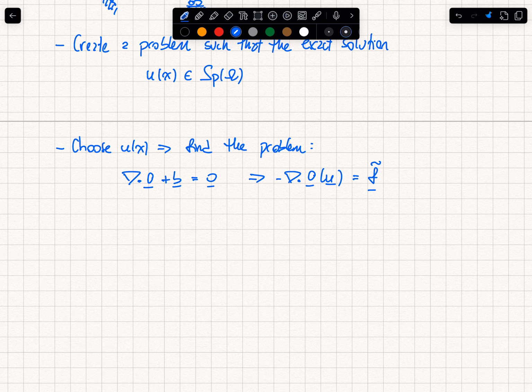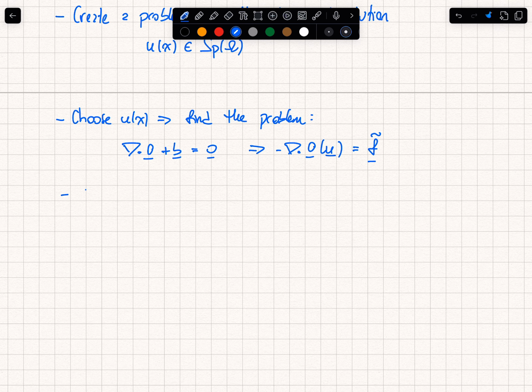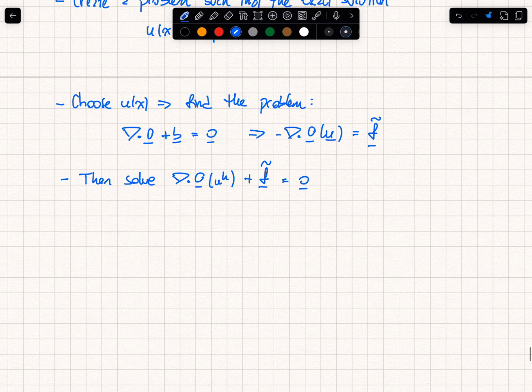It's negative, of course, right? And then we solve the problem. Keep in mind that now it's the divergence of sigma of U plus F, that is my body force, equal to 0. We solve it. And obviously, we have to account for the right boundary conditions, right?